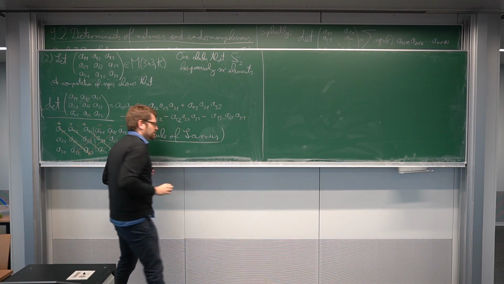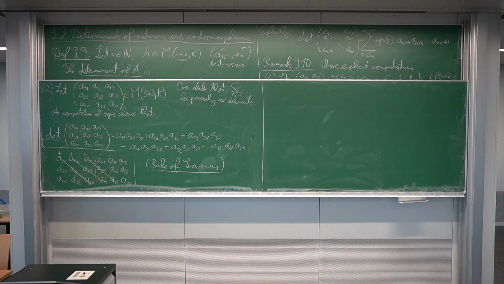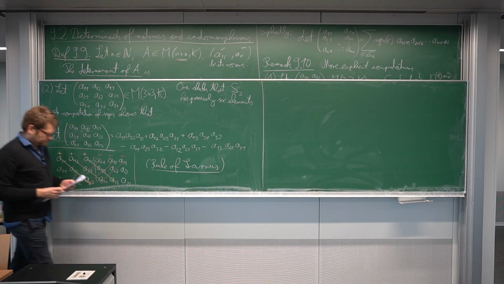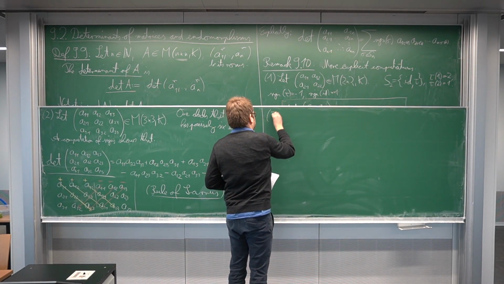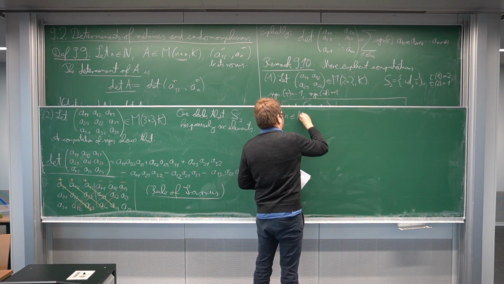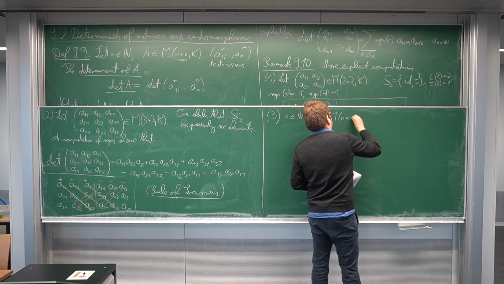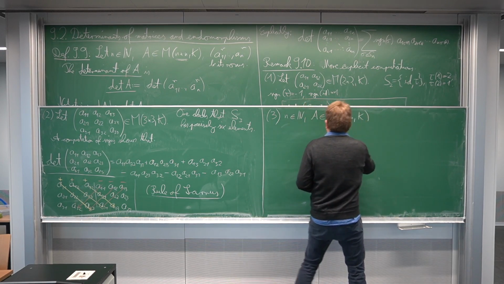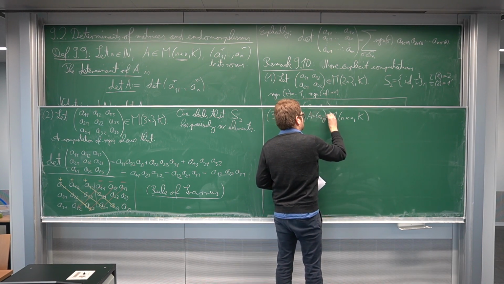And although I didn't prove it in detail, you can, of course, use it from now on. There's a third case, which is, so to say, computable. This time a bit more general, namely the case of upper triangular matrices. So let n in N and A be a quadratic matrix with entries A_ij, as usual.